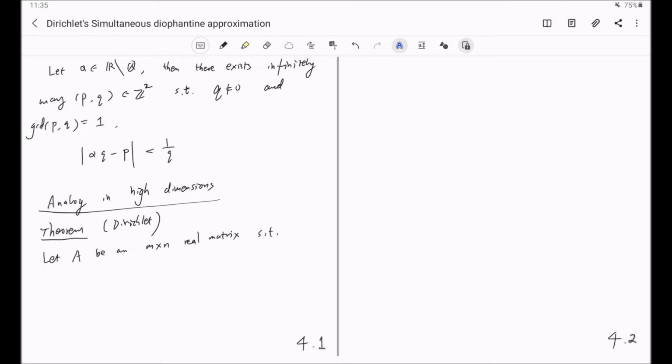So here, the analog will be that if you apply A to any non-zero vector, you cannot get an integer vector.